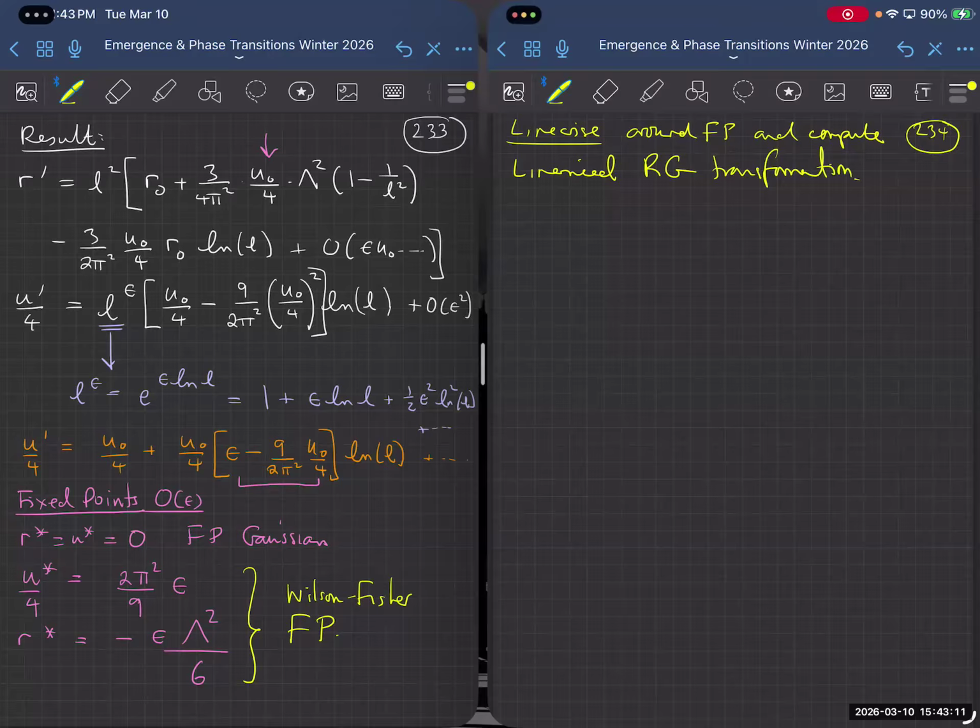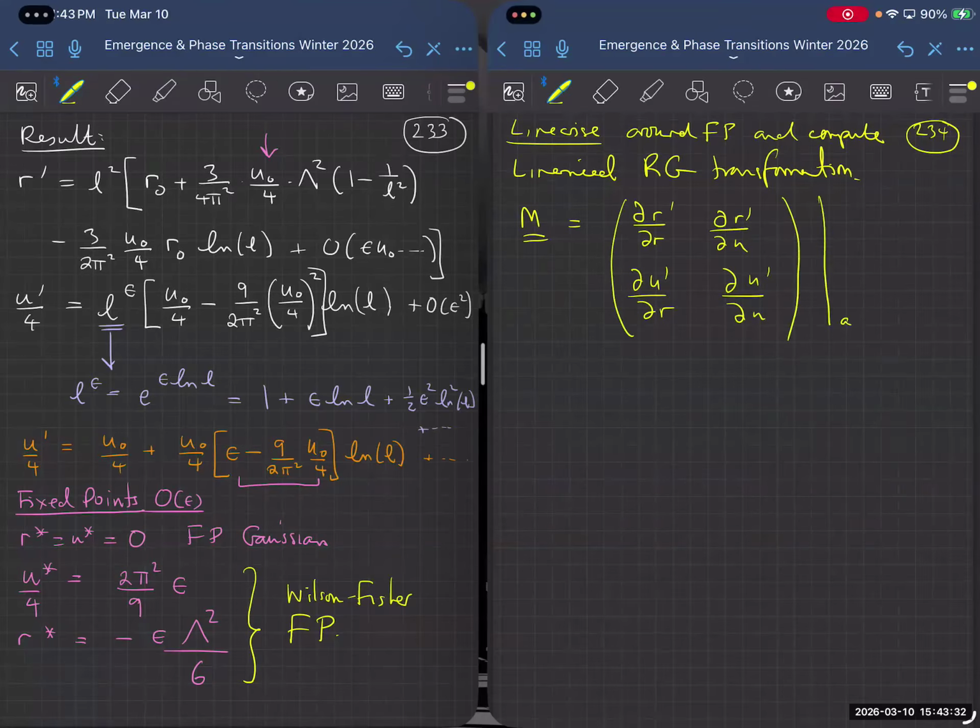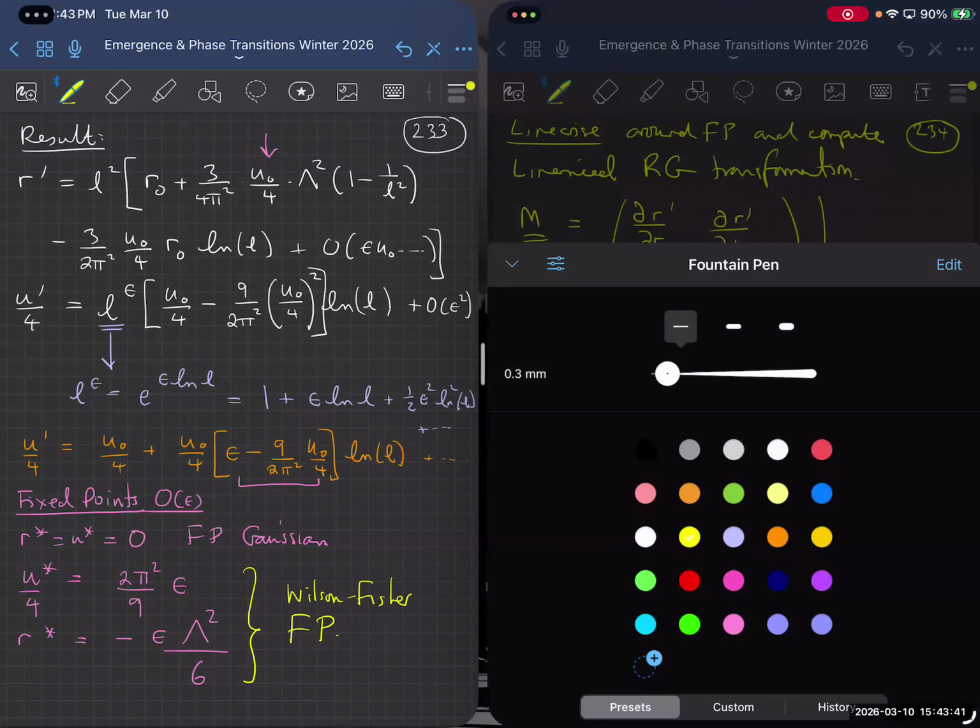So what you end up with is this matrix M, just like we had before. It's basically dr prime by dr, dr prime by du, du prime by dr, du prime by du, with all of those derivatives evaluated at the fixed point. We can do this at the Gaussian fixed point, and at the Wilson-Fisher fixed point. So let me tell you what it looks like.